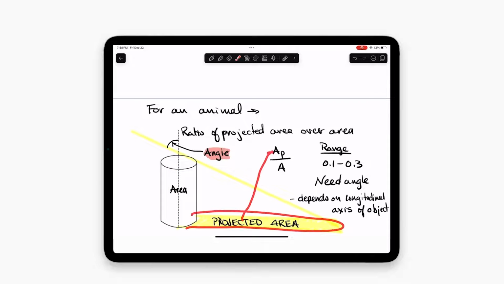Again, with our projected area, if we put that here, and the area that actually is covered by that radiation right there, we get a value of AP over A. AP over A now is equal to our FP. The range of AP over A goes from about 0.1 to 0.3, depending on the angle with which the radiation is impinging on the object and the size and shape of the object. We're going to consider 3 of them.